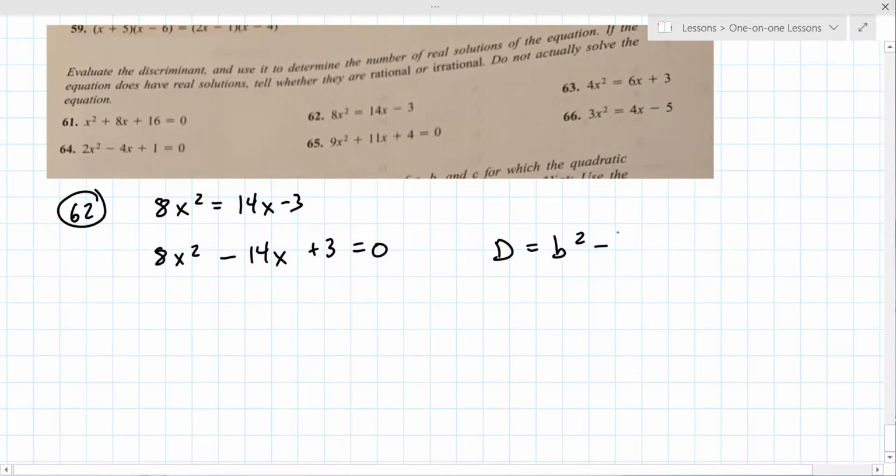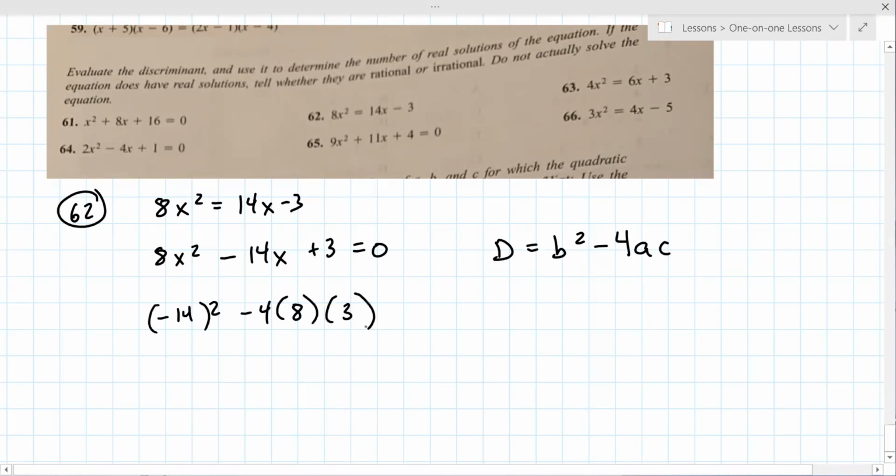8x squared equals 14x minus 3. You still want to get everything on one side for this to work. So this is 8x squared minus 14x plus 3 equals 0. And it's just asking for the discriminant. The discriminant is b squared minus 4ac. So this is minus 14 squared minus 4 times 8 times 3.